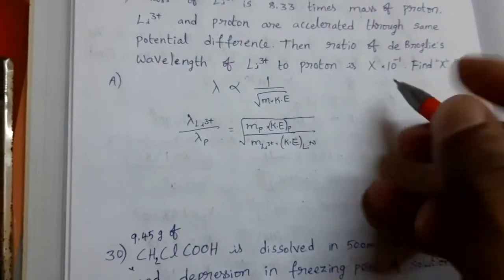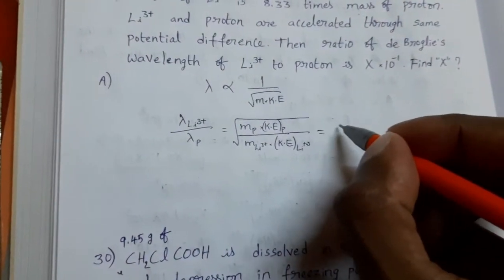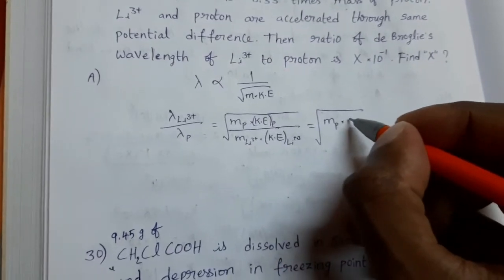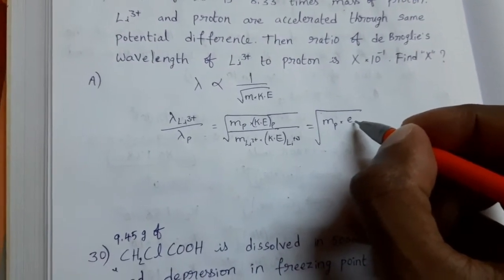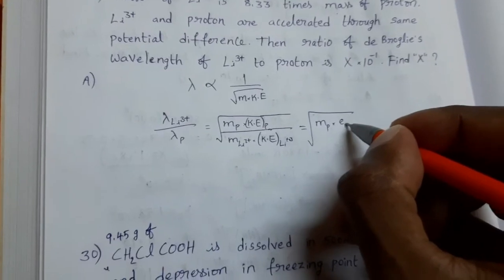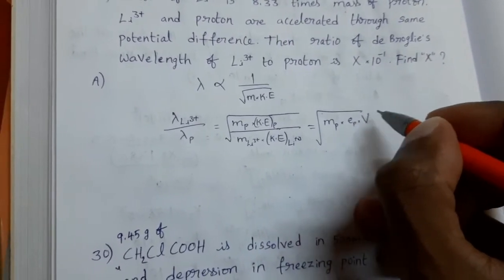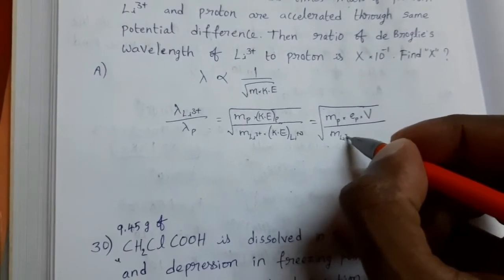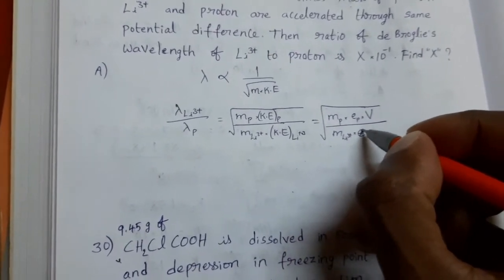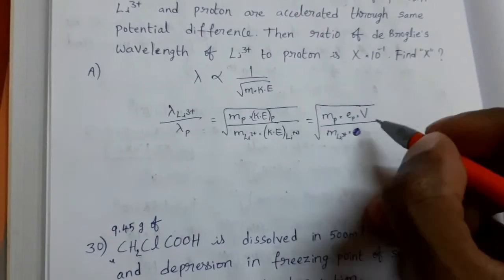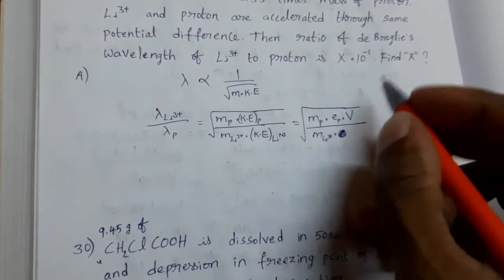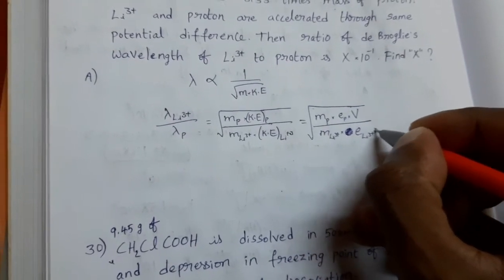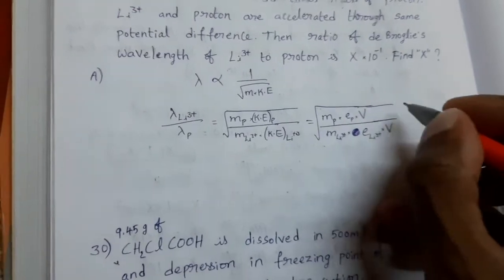Okay, now from this we can write square root of mass of the proton into charge of the proton into potential difference V, divided by mass of lithium ion into charge of the lithium ion into potential difference applied.